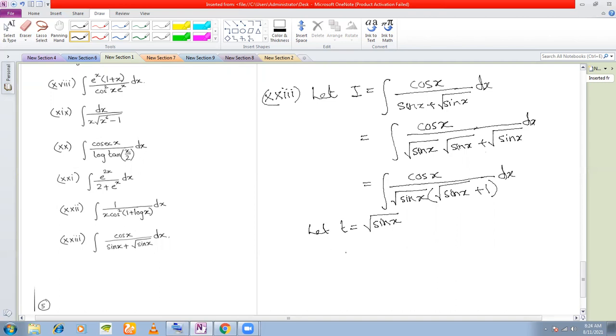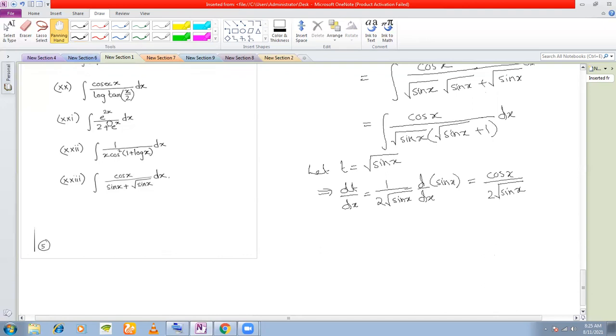Okay. So therefore, what you get, dt dx is equal to, first of all, you differentiate the radical to get 1 by 2 root sin x into the d by dx of sin x, which is cos x. You get cos x by 2 root sin x.